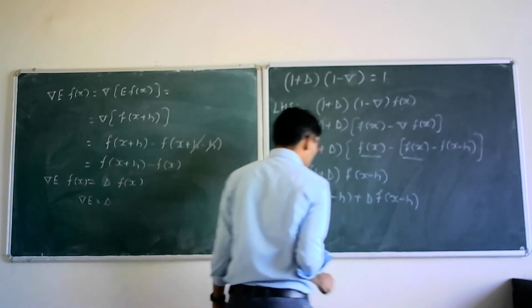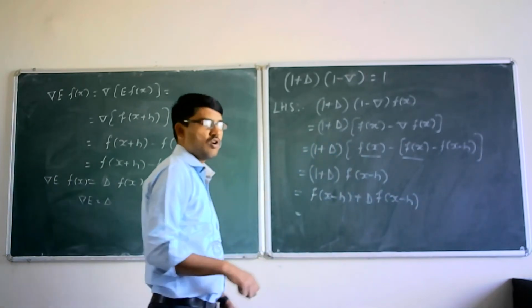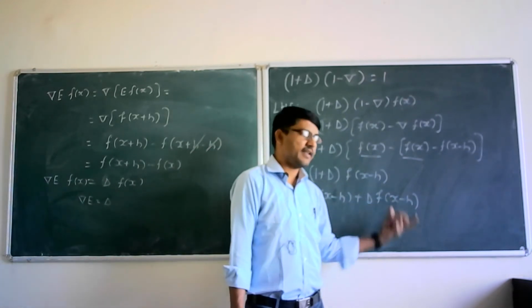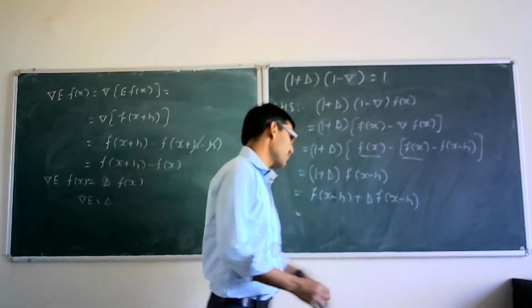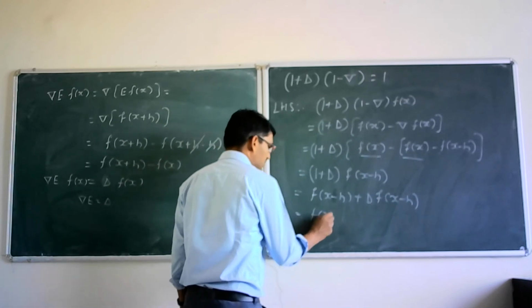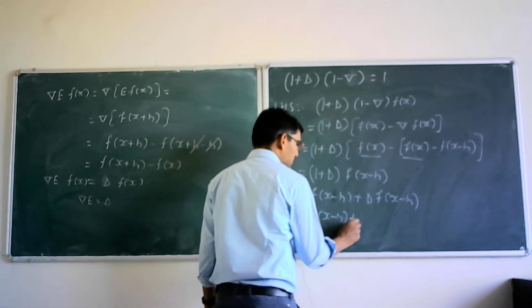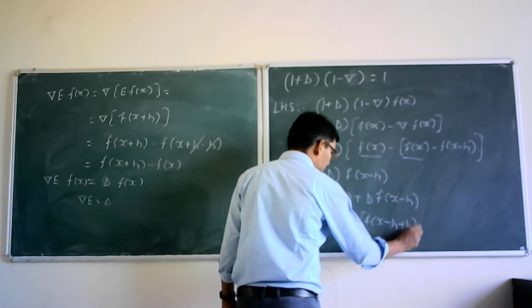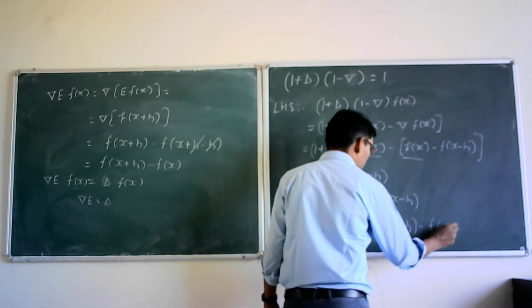But what is the forward operator? Delta f of x is f of x plus h minus f of x. That is, this is your x, then f of x plus h minus f of x. So this is f of x minus h as it is, plus f of x minus h plus h minus f of x minus h.